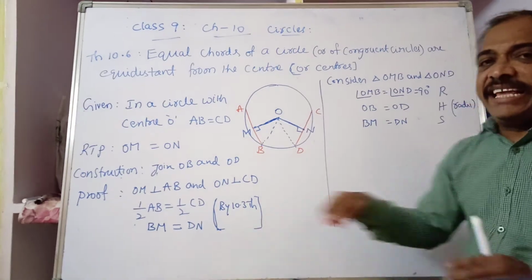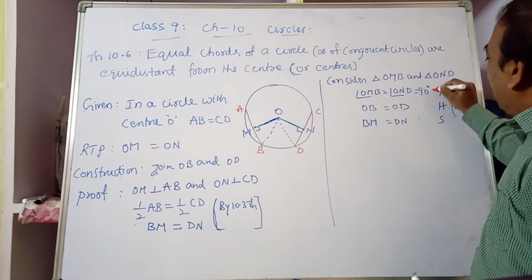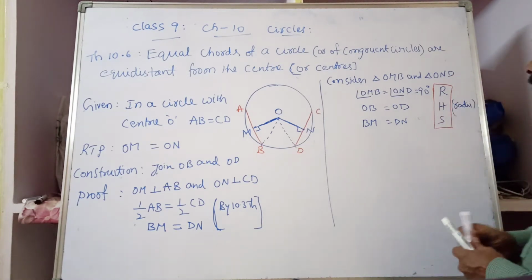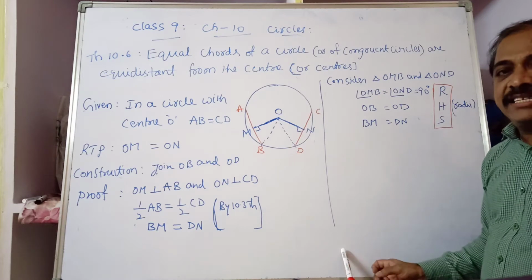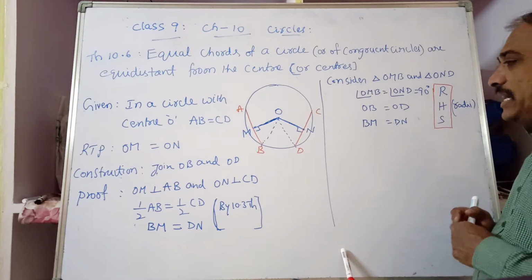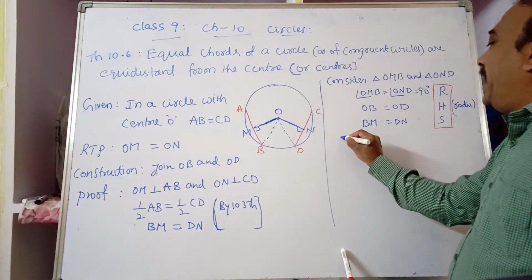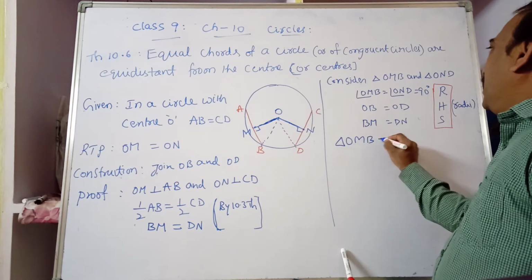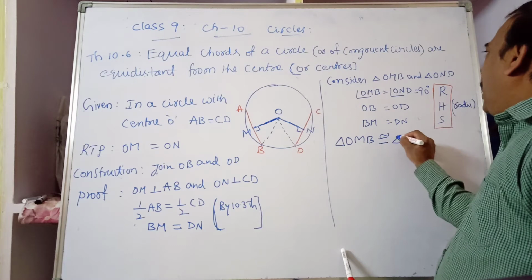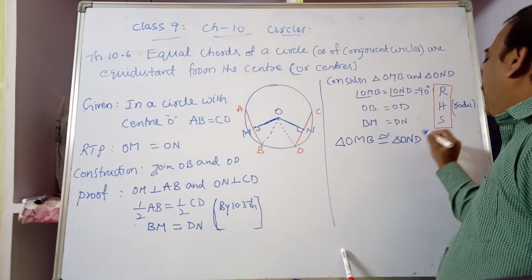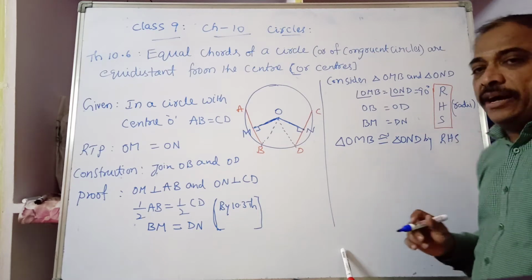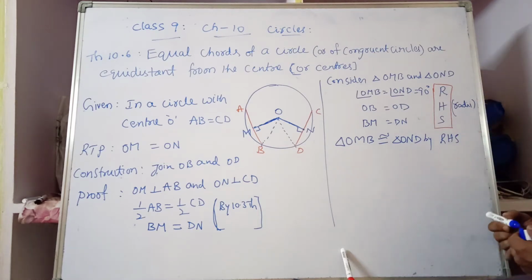So by the criteria RHS, right angle, hypotenuse and side, triangle OMB is congruent to triangle OND by RHS criteria. Once the triangles are congruent, their corresponding parts are equal.